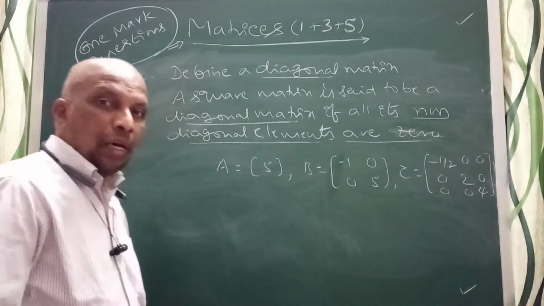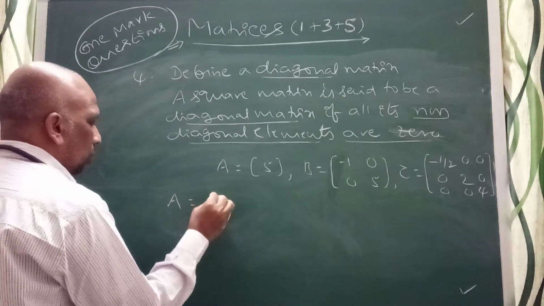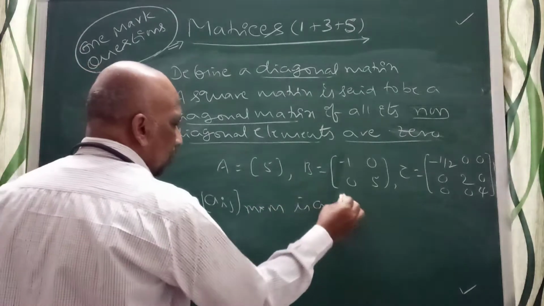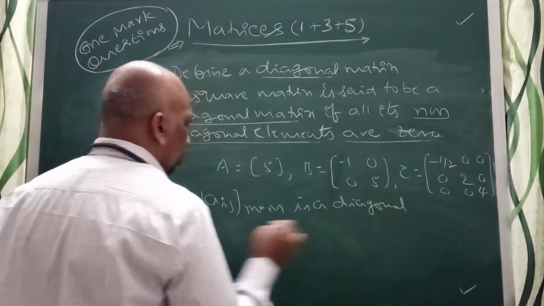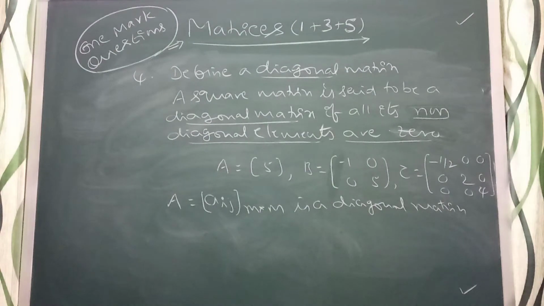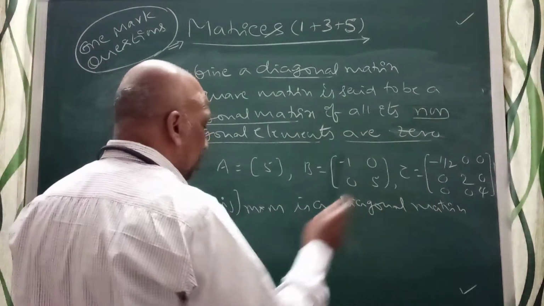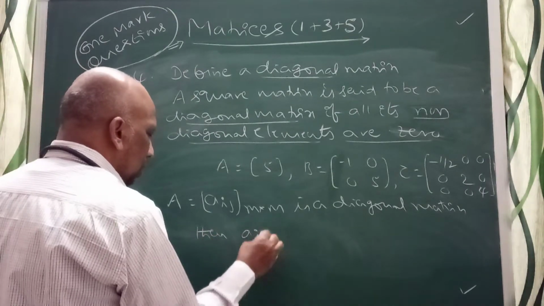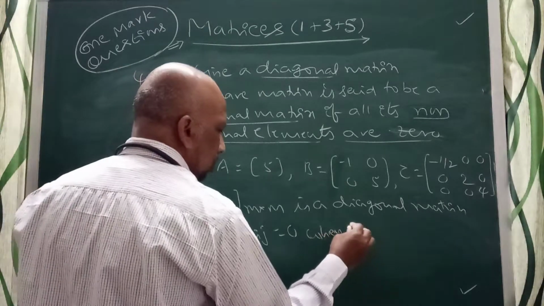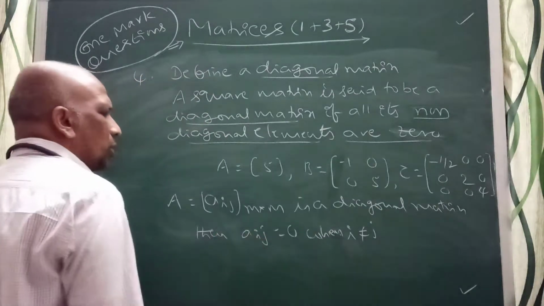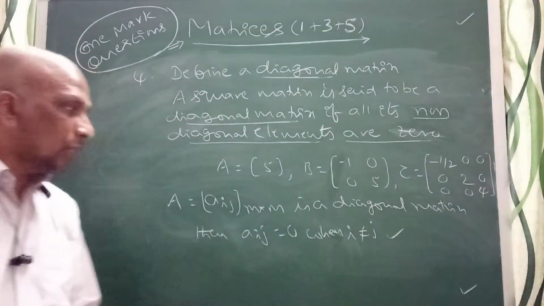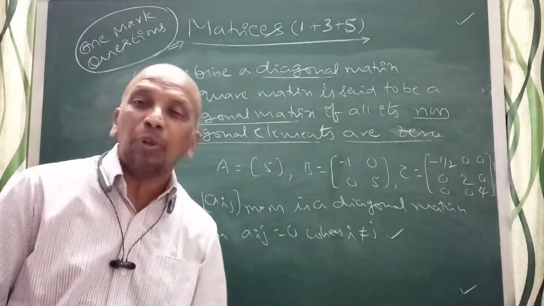Suppose they give A = [aij] of order m by m is a diagonal matrix. Then aij = 0 when i is not equal to j.